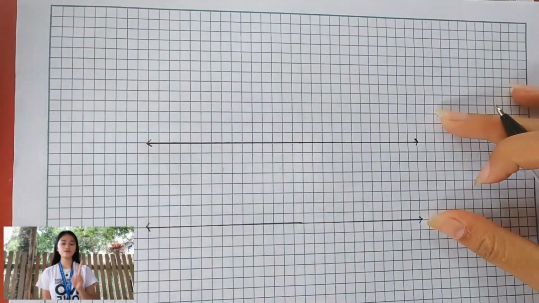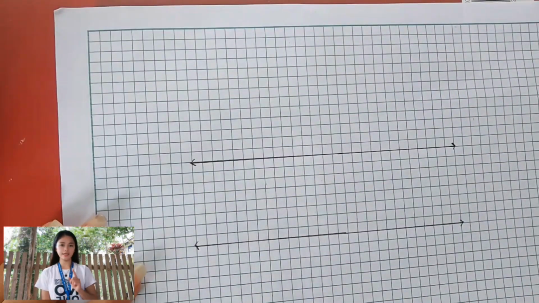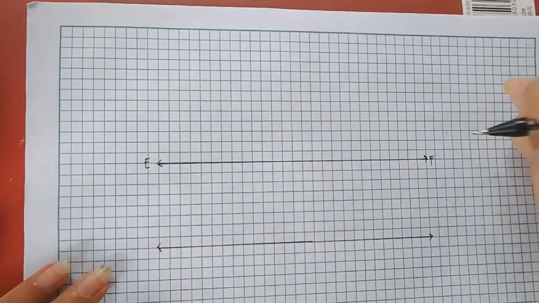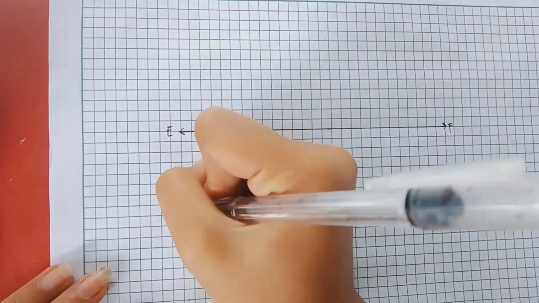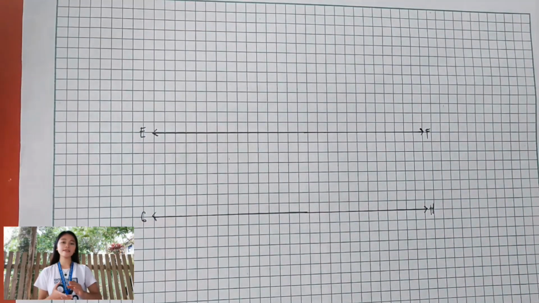So those are the two parallel lines. The first parallel line is line EF and the second line is line GH. And now we will draw the transversal line.